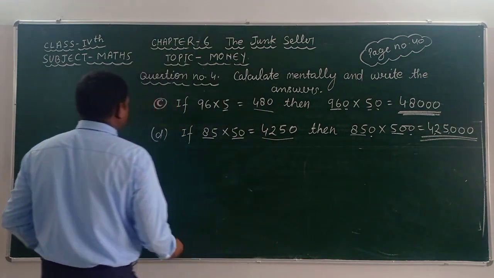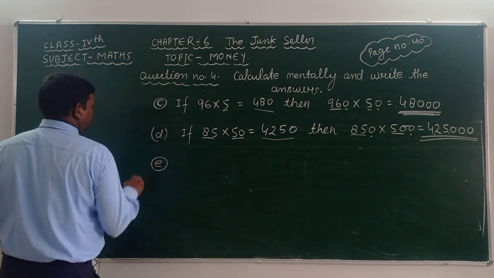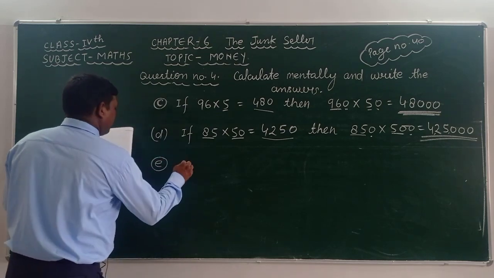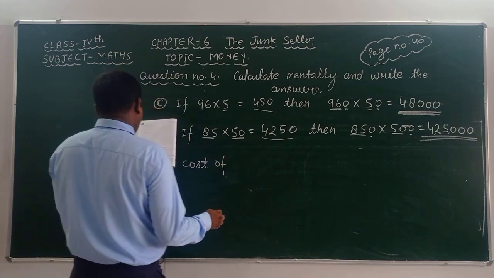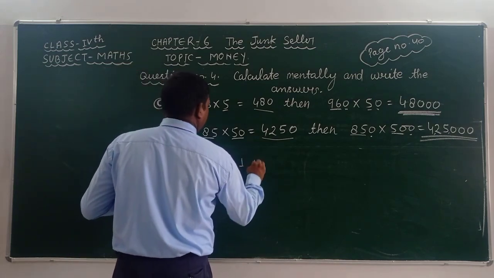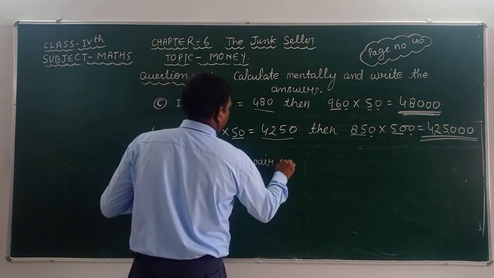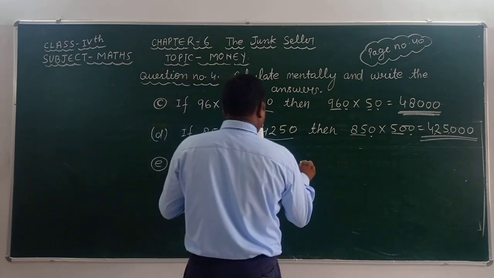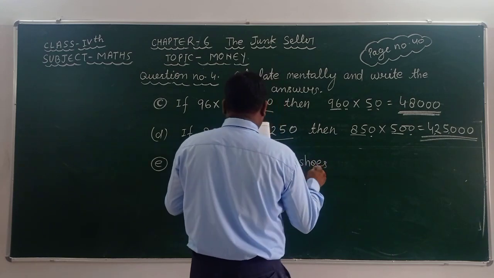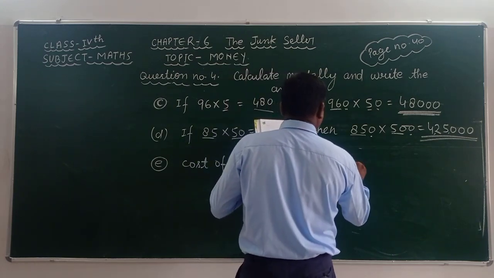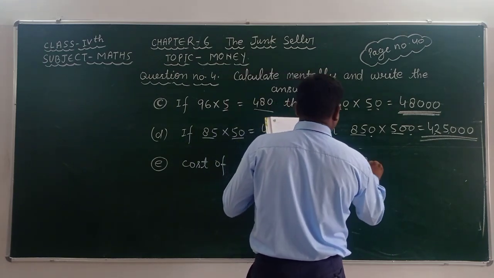Now let's start question number E. The cost of one pair of shoes is rupees 250.